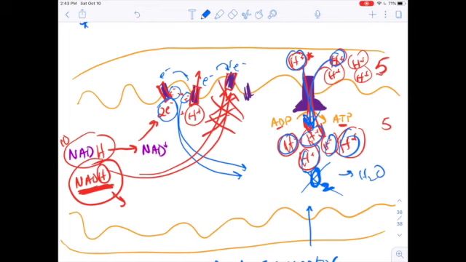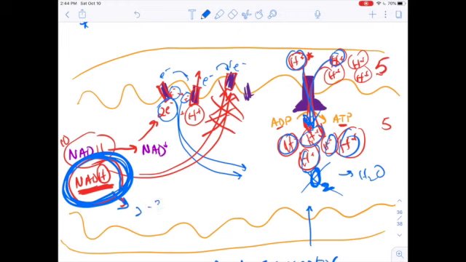A lot of cells have a backup plan, and they can get by with fermentation. Multicellular organisms like humans cannot get by with fermenting. All right, we can't do that. Single-celled organisms, no problem. E. coli is like, oh, I can't do aerobic respiration. That's okay, I can ferment.